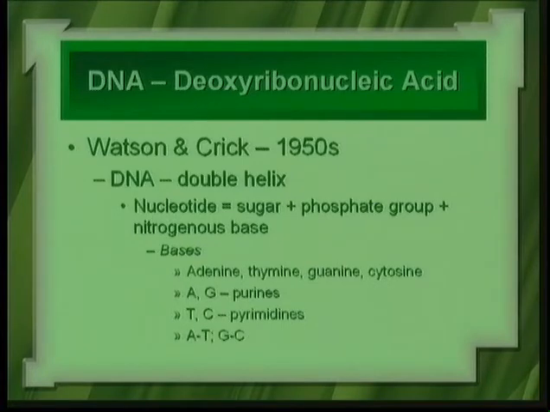So A always pairs with T, or a purine, a double ring structure, always pairs with a pyrimidine. A is a purine, T is a pyrimidine. G, or guanine, is a purine, cytosine is a pyrimidine, because they knew that the molecule was symmetrical. First of all, they thought that maybe the sugar phosphate backbone was on the outside of the molecule.